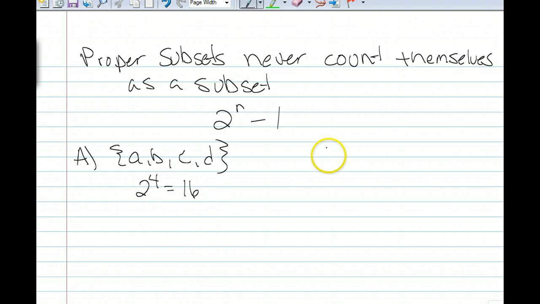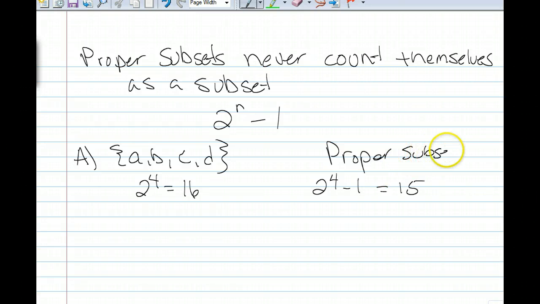But if I'm looking at a proper subset, when we listed all the subsets and we actually wrote down the actual set as part of the subsets, that one is not counted. So 15. Yes. So then it would be 2 to the n minus 1, which is 2 to the 4th minus 1. So it would be 15 as a total of subsets. You guys see the difference in that one?